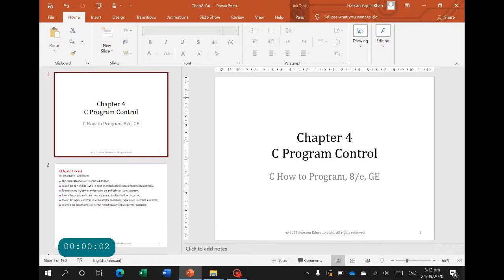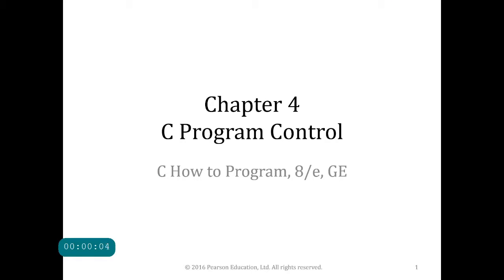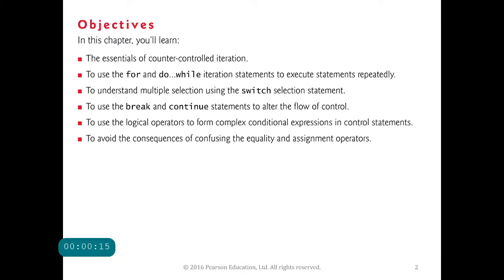Welcome everyone. So in this lecture we're going to start with chapter 4, which is program control in C. And in this chapter the first topic that we will be covering is counter controlled iterations and how they are related with the for loop, and we'll cover the do while loop and look at the switch statement, which can be used to do something similar to if else statements.